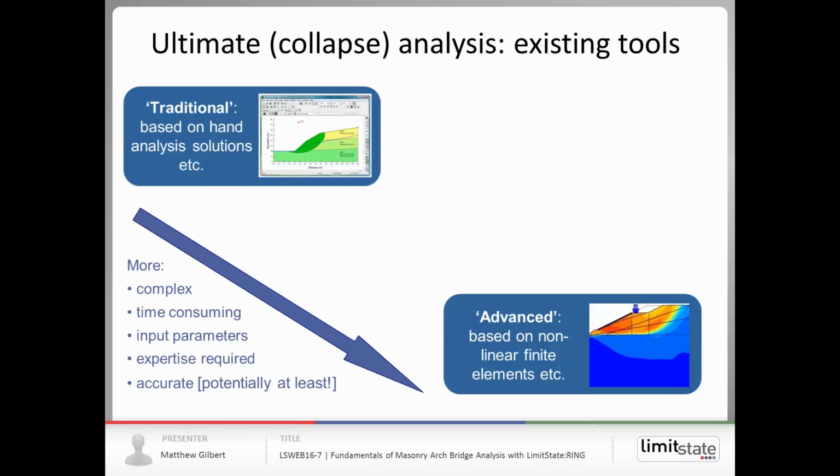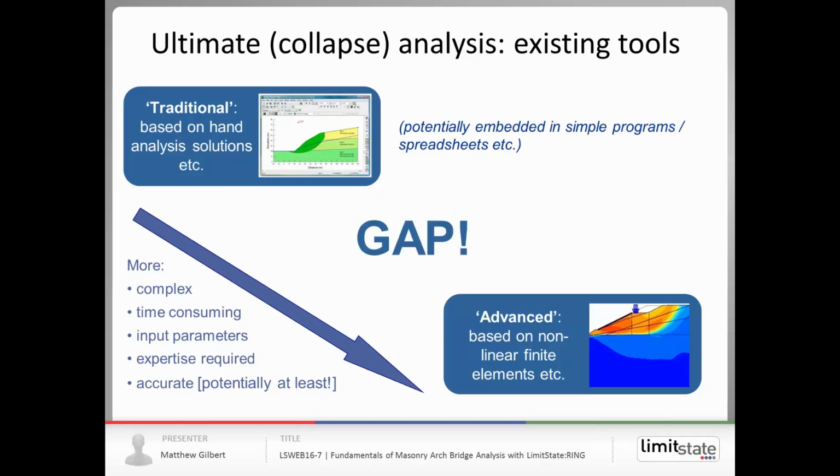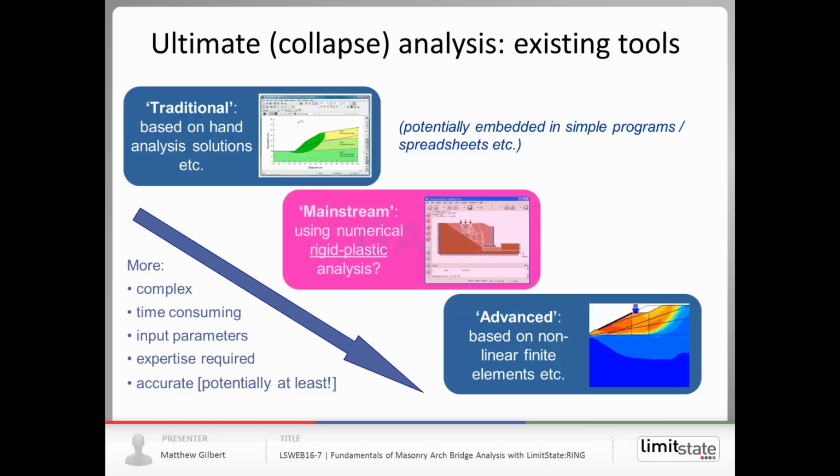One, the traditional hand calculation type tool at one extreme, and at the other extreme we have very complex, sophisticated or advanced methods of analysis, typically based on finite elements, discrete elements, and those kinds of techniques. We felt there was a gap between these two types of tool, and we set about filling that gap with what we consider to be mainstream analysis tools using numerical rigid plastic analysis.